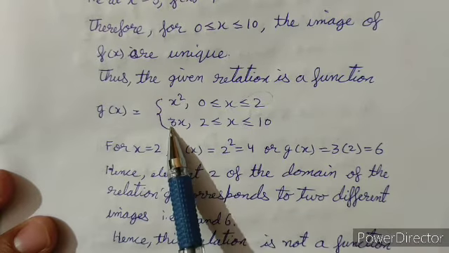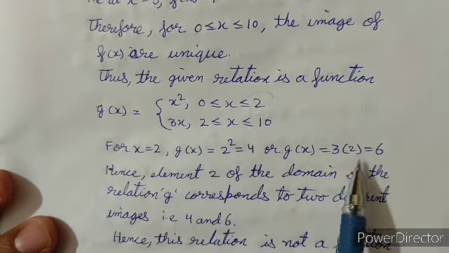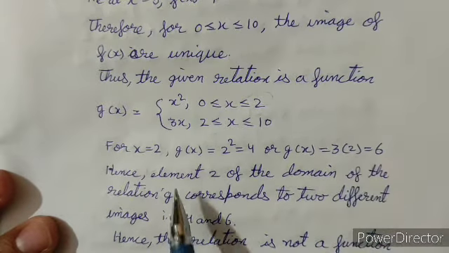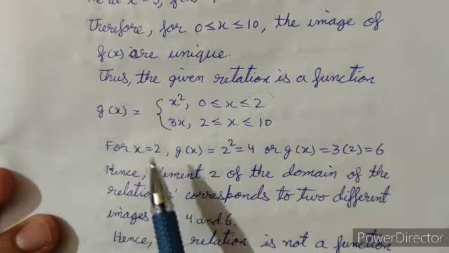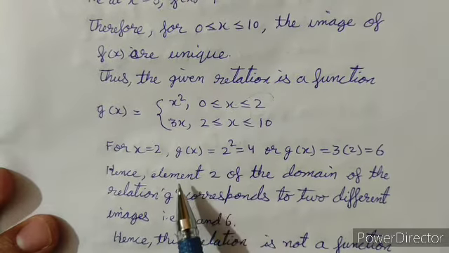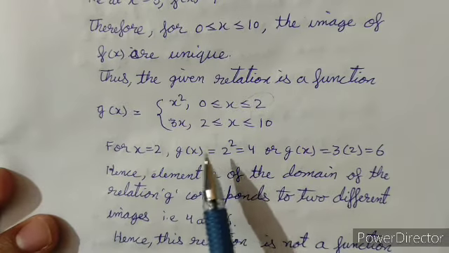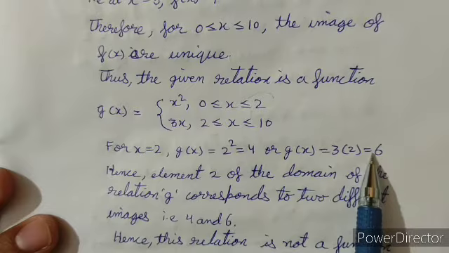And in the second part, we can say that g(2) will be equal to 3 into 2, and that is equal to 6. Here element 2 of the domain of relation g corresponds to two images, 4 and 6.